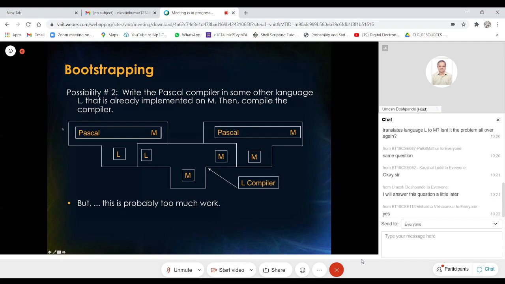But even the first translator, that is the Pascal to M translator in L, that itself might be a big project to go ahead with. So that also is too much of work. Can we reduce this effort as well? That's the question which people try to answer. So let's take this possibility now.